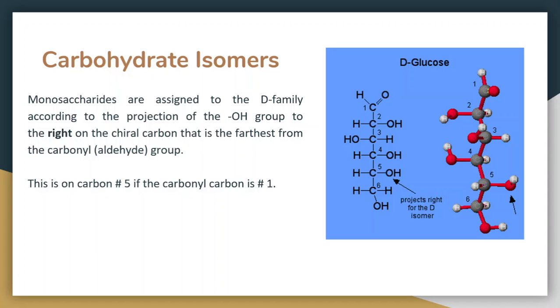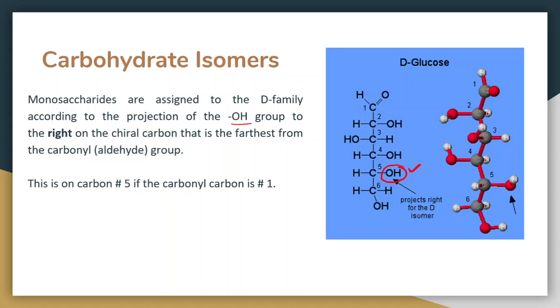Monosaccharides are assigned to the D family according to the projection of the OH group. Here you can see clearly, as I indicated in the previous slide, this is the last OH group, which is farthest from the carbonyl group.